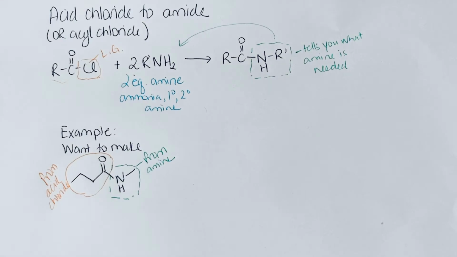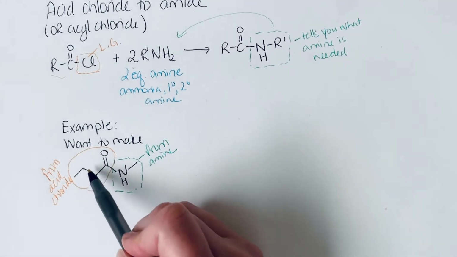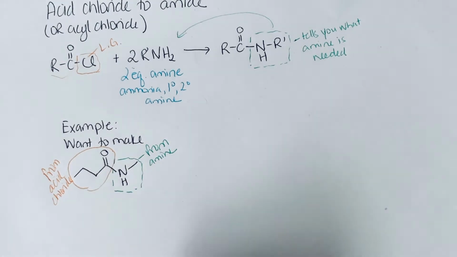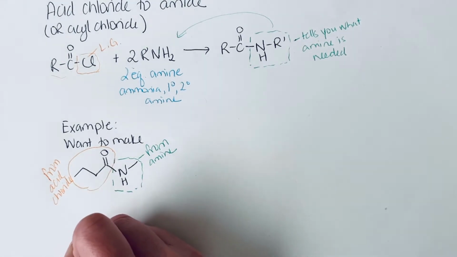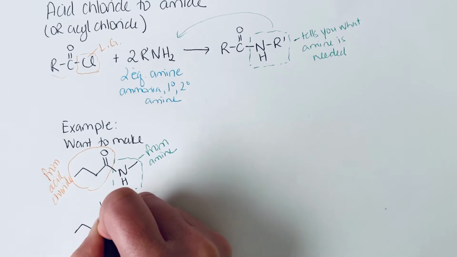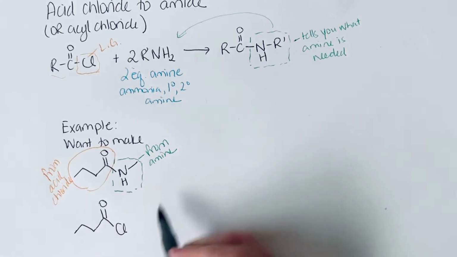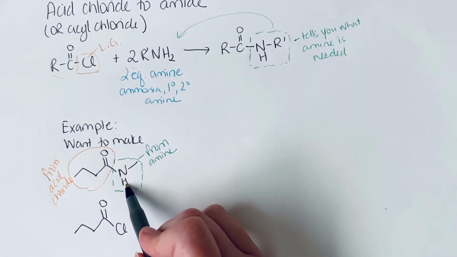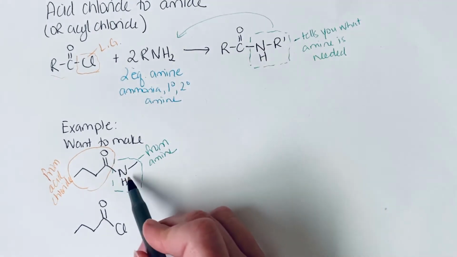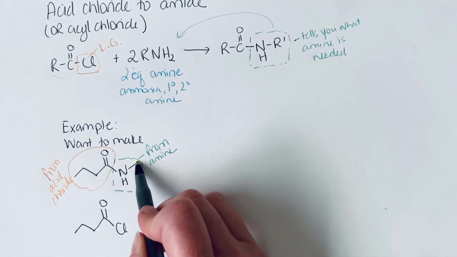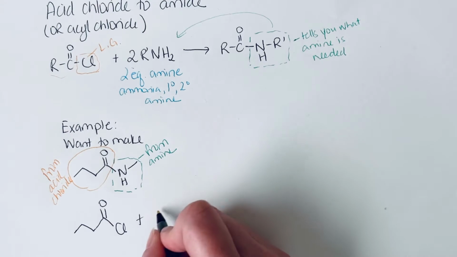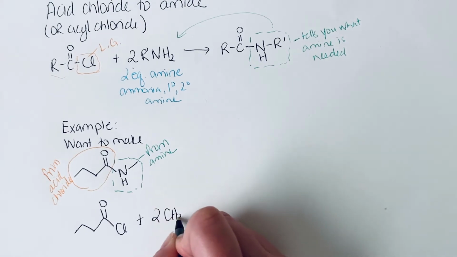So to make this, we need this 1, 2, 3, 4 carbon atom acid chloride. And then for our amine, we see NH, and we're going to add one more hydrogen, so it'll be an NH2 with a bond to CH3. So we need here two equivalents of methylamine.